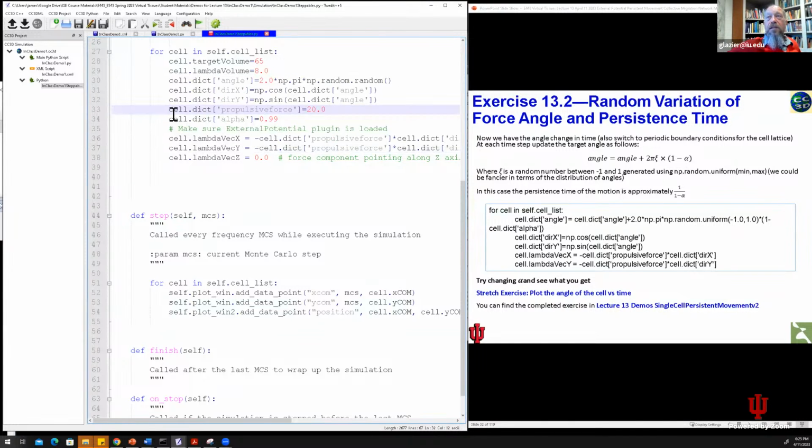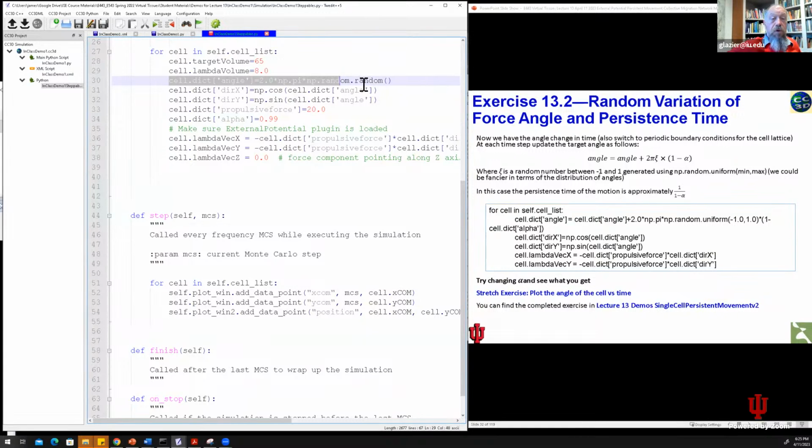You won't need lines 33 and 34 because you're not changing those. And then you'll have to update your paste of line 30 so that instead of having a random angle, you now have the old angle plus a random number. Okay, is that clear? So why don't people take a couple of minutes and try that?